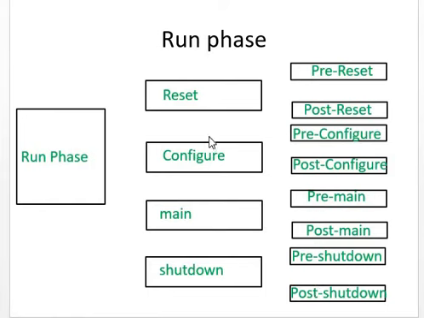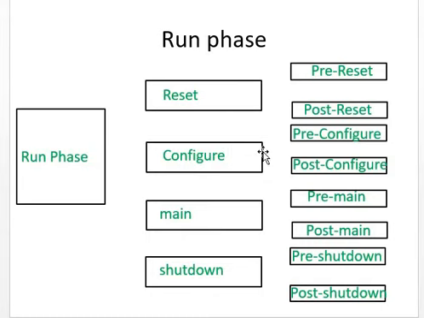When our simulation starts, first of all we provide the reset to our DUT. The reset phase executes first, and after post-reset, configure will start. We will configure our DUT and provide all the configurations.